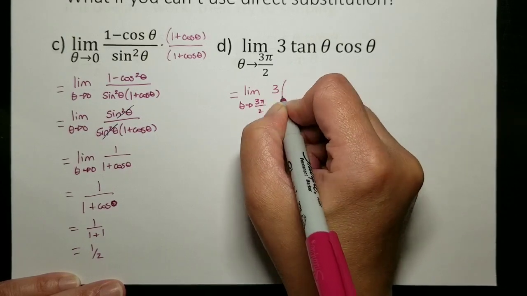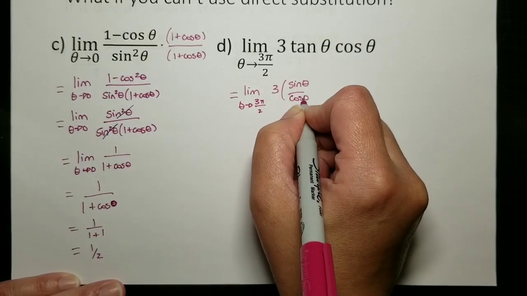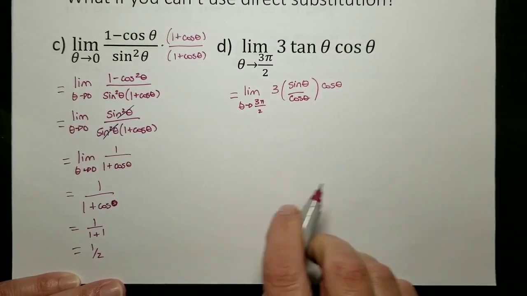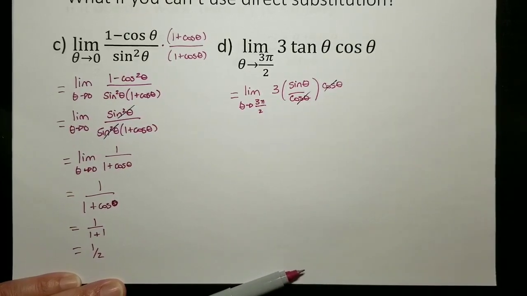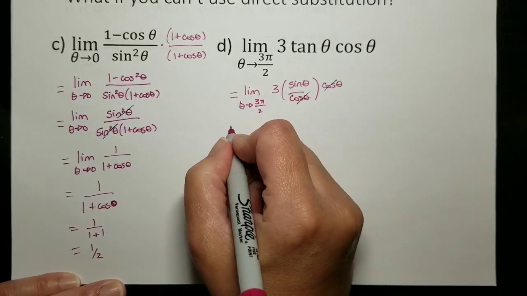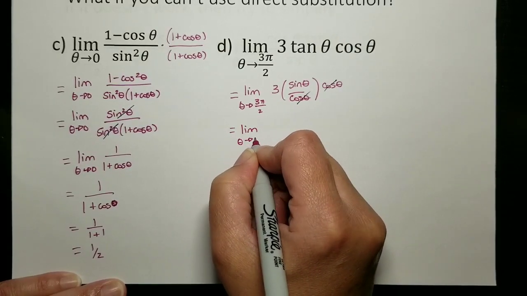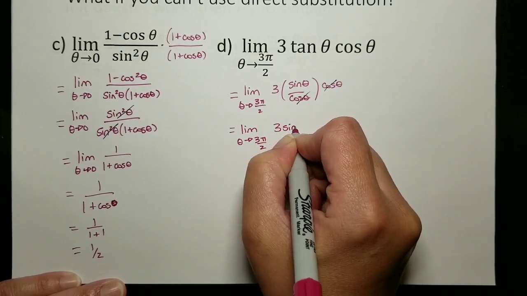So we've got 3 times sine theta over cos theta, times cos theta. In general, we want to get rid of whatever is not working for us. Reduce those out, and then this is much nicer. So we've got the limit as theta approaches 3 pi over 2 of 3 sine theta.